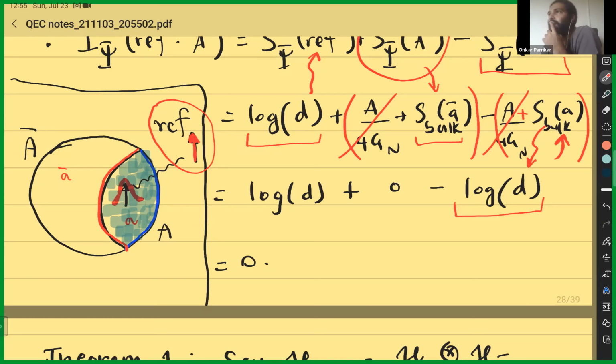The kind of problem that might happen with the setting that you want is this. One of the things that's special about the code subspace that I consider is that it's factorized between little a and little a bar. There's not much entanglement between them.